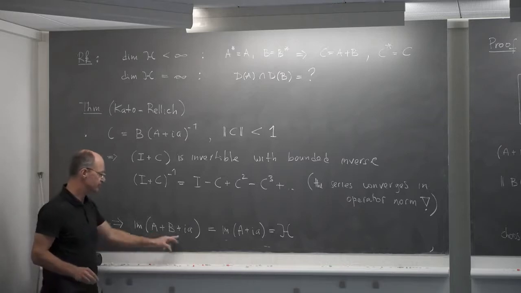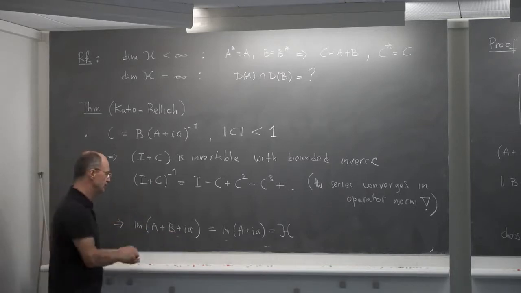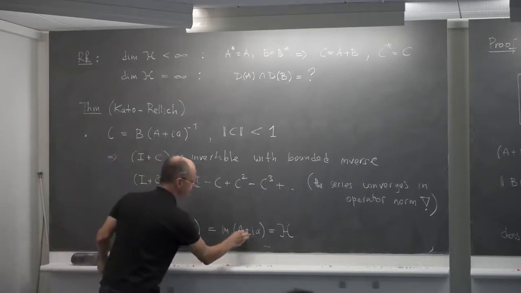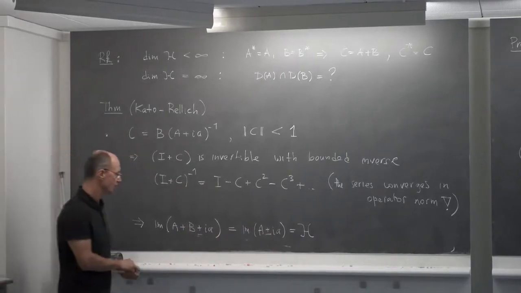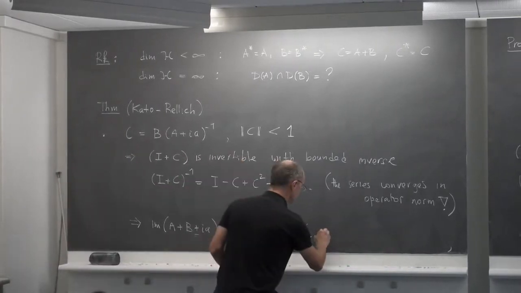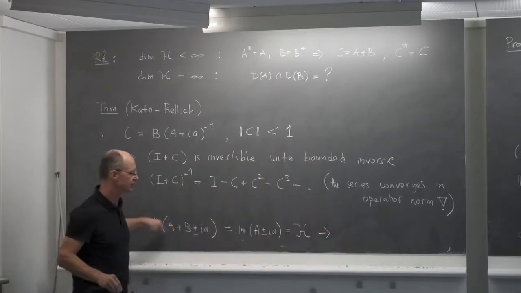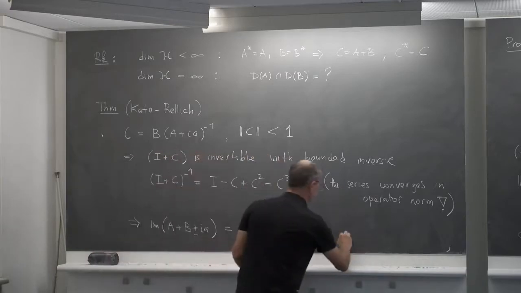And of course, there is a similar argument with a different sign. We never really used what the sign was, so we can add the second sign. But then by the criterion we proved before, the images of these are equal to H. This means that the operator is self-adjoint.